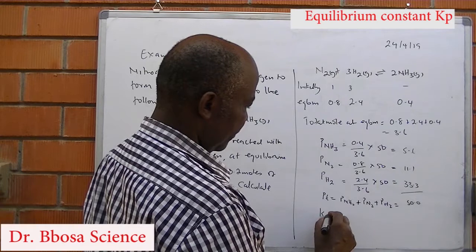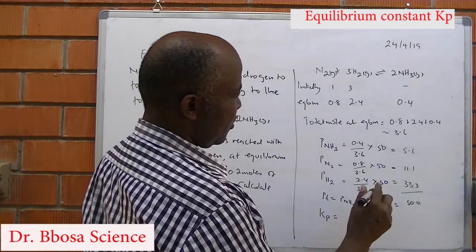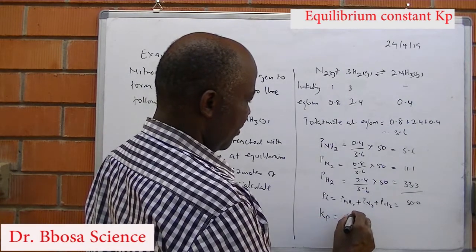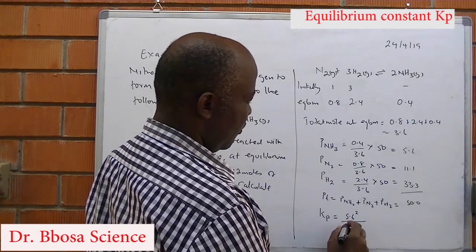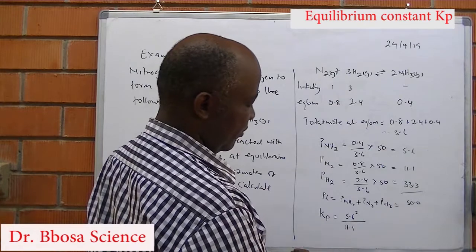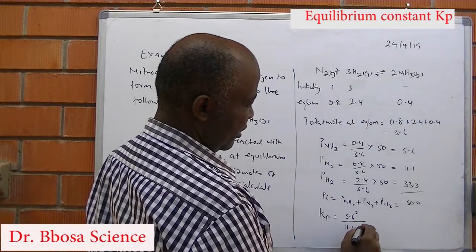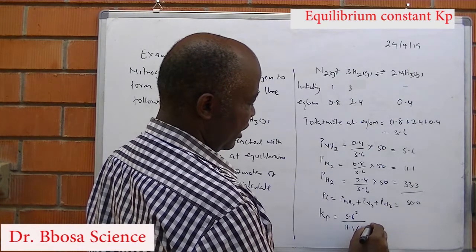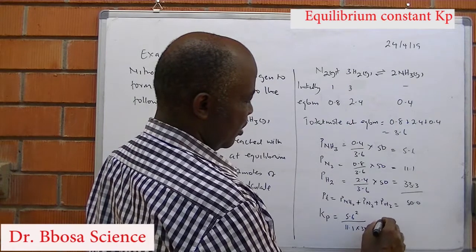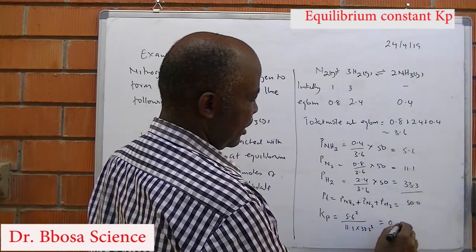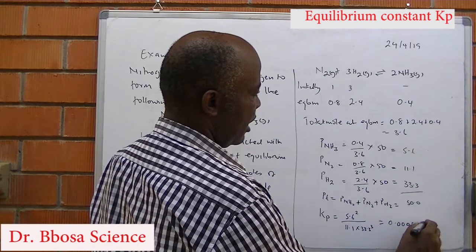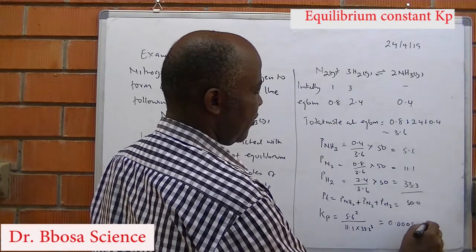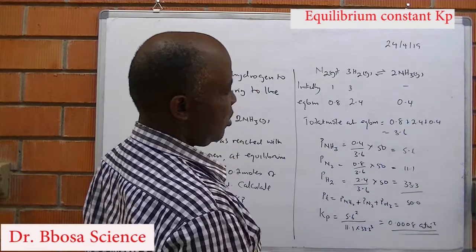Then Kp will be equal to 5.6 squared over 11.1 times 33.3 cubed, which will be equal to 0.0008 atmosphere per negative 2.